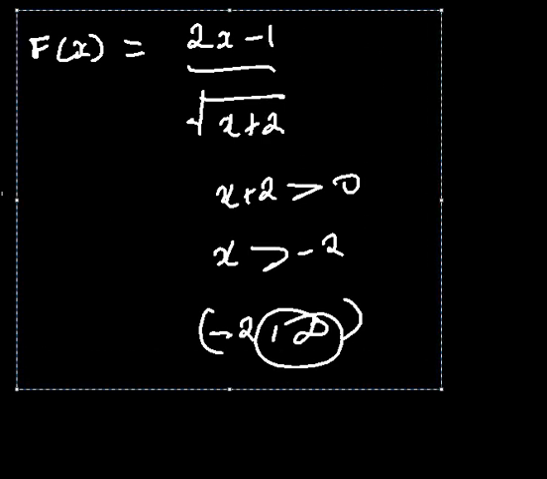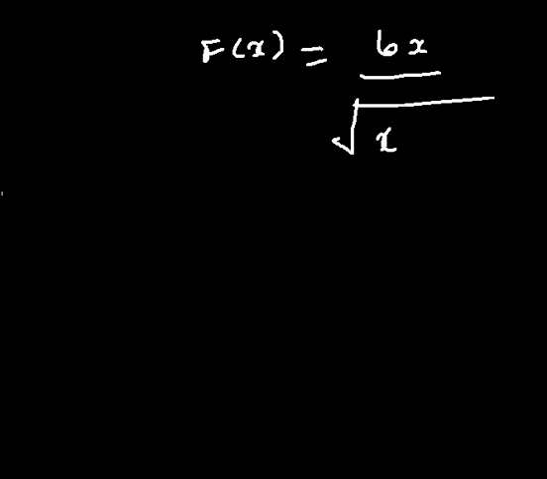And how about if we have a function f of x is equal to 6x divided by the square root of x squared minus 25? How should you find the input of the function in this case? As you can see, this is a fraction function with a square root on the denominator.